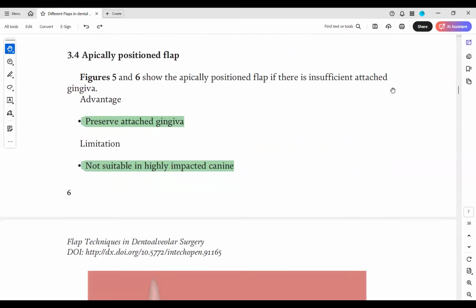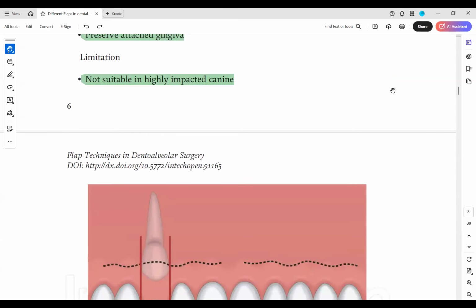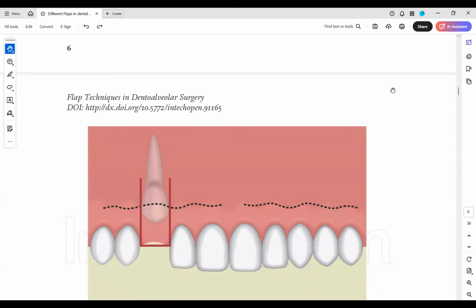The benefit of an apically positioned flap here is that you will preserve all the attached gingiva. That is why it is not suitable in a highly impacted canine. It is solely indicated where the canine is very close to the occlusal surface, but definitely very labially positioned, so that the traction is still needed.